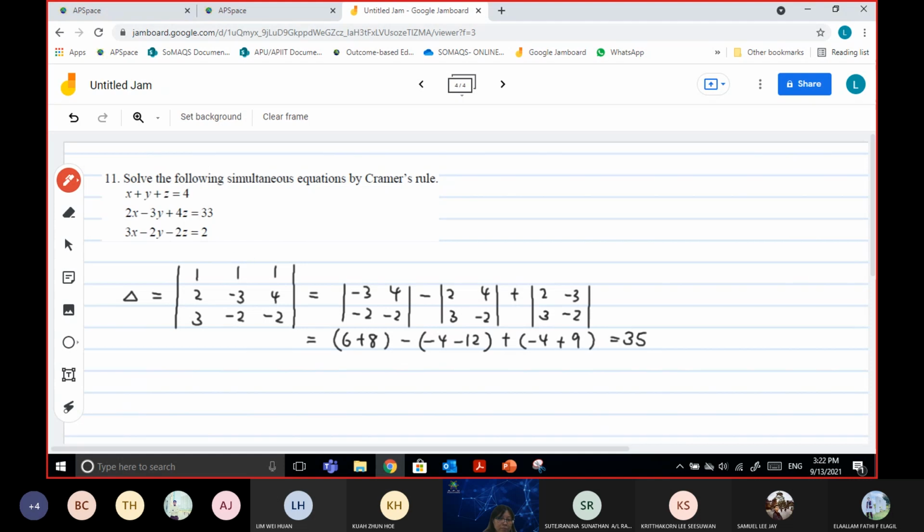Next, since this is x, y, z, for the determinant of x, I will replace the first column with the values on the right-hand side here: 4, 33, and 2. For the column x, you substitute 4, 33, and 2, and the rest remain.